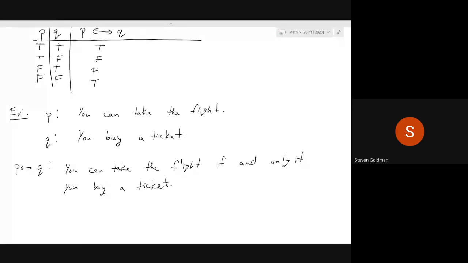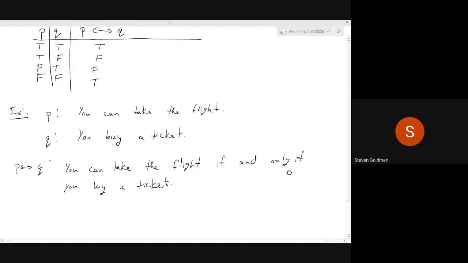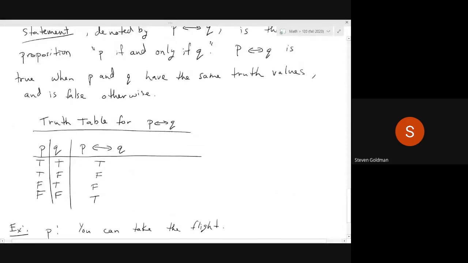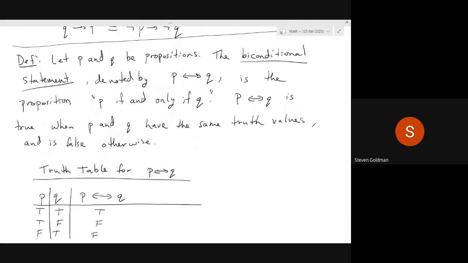All right, so any questions on that? No. So somebody asked here, is only if the same thing as if and only if? No. If you see the words only if, that's a conditional statement. That was one of the alternative ways of saying a conditional statement I gave you last time. If you see the words if and only if, then it's biconditional.